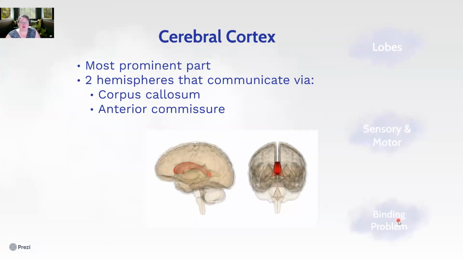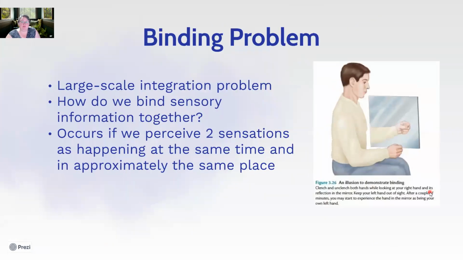Coming back just in general to the cerebral cortex, we're going to move on to what our text calls the binding problem. The binding problem is also known as the large-scale integration problem. The question associated with this problem is, how do we bind sensory information together?